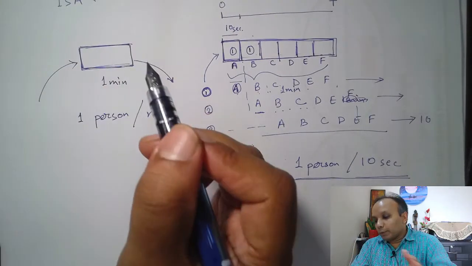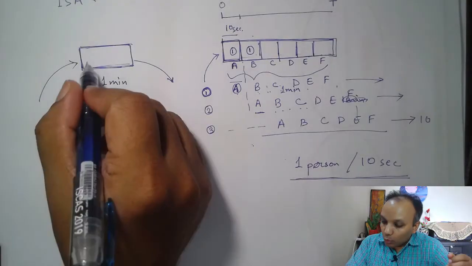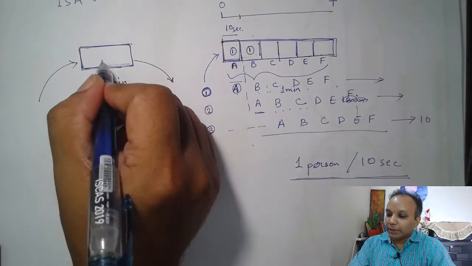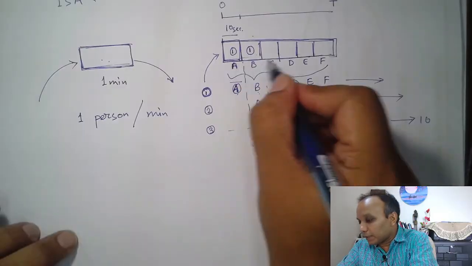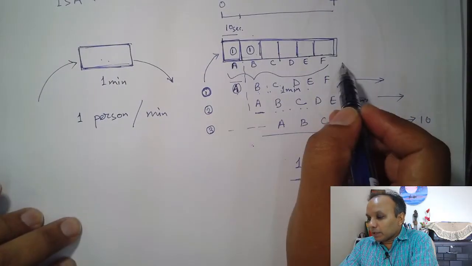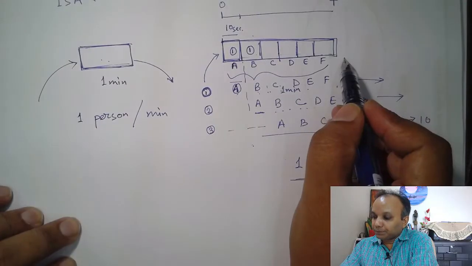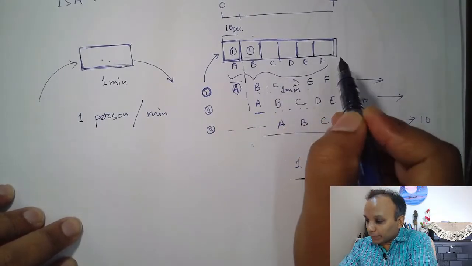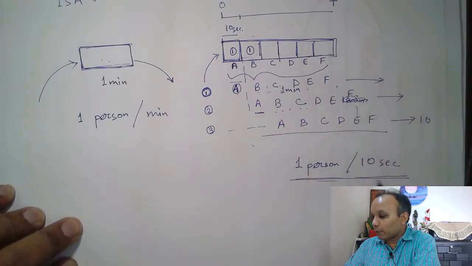So, how many counters I want to make, whether it will be a single counter, whether I will have multiple counters. Now, if I have multiple counters, I will need more resources, I have to spend more money, but I will get better performance.